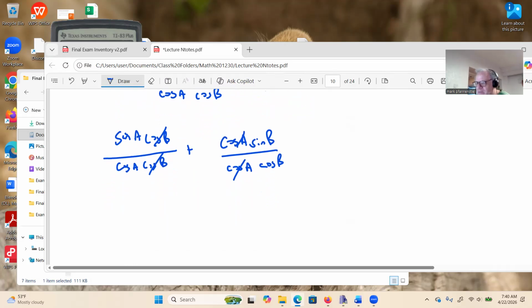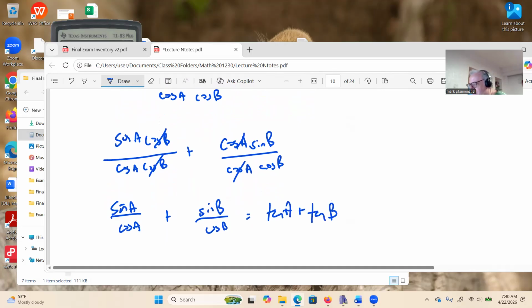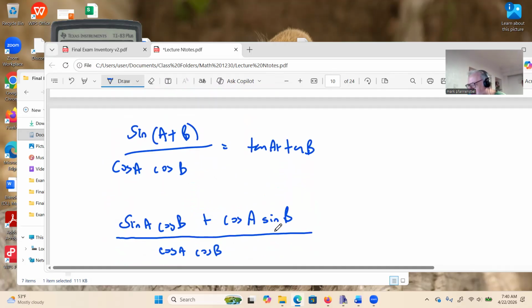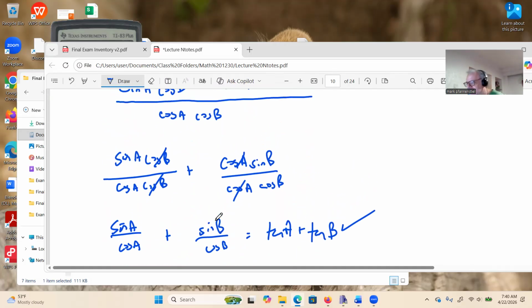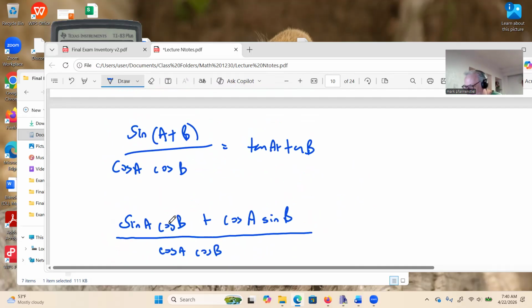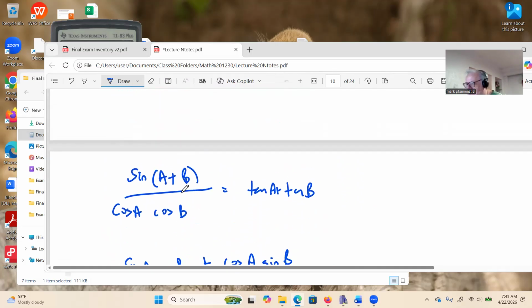So let's see what we have left. We have a sine A over a cosine A plus a sine B over a cosine B. That's equal to tangent of A plus tangent of B. I'm feeling pretty happy about that. That is exactly how that's supposed to work out. So it's pretty much just asking you, did you remember your sum of angles formula? That's really all it's asking you for that one.